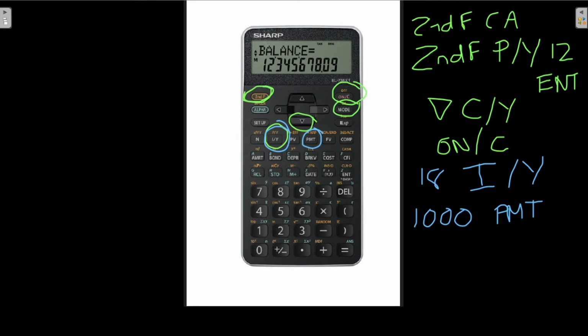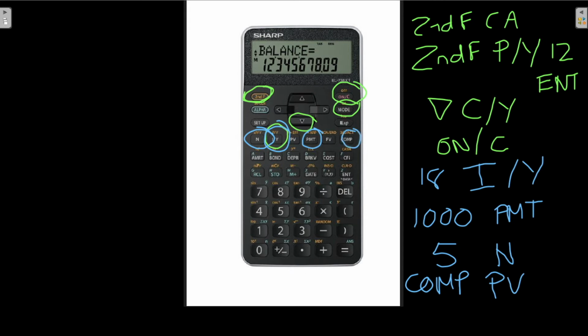We have payments, regular payments of 1,000 rands each, and also the number of payments. So for our example, we made 5 equal regular payments, and then you press your N button. And then you say compute present value.